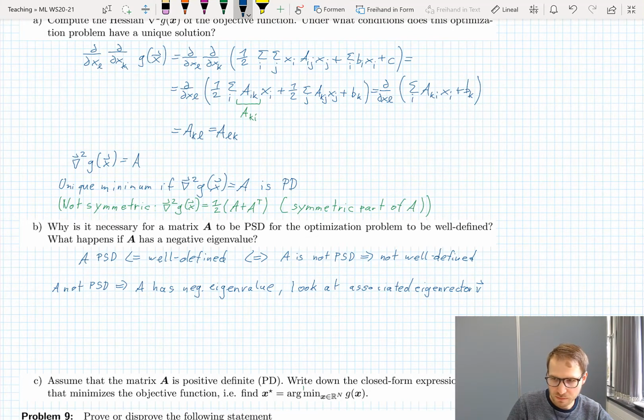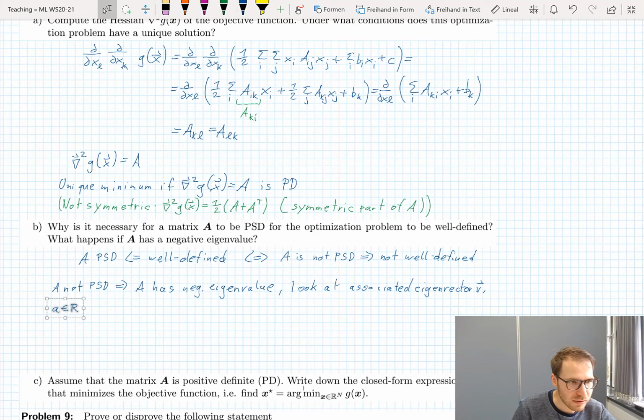Actually, let's say v is normalized, and then also use alpha as a scalar. So basically we look at the direction defined by v, and just look at the point along that direction, right? So that's just some scalar.